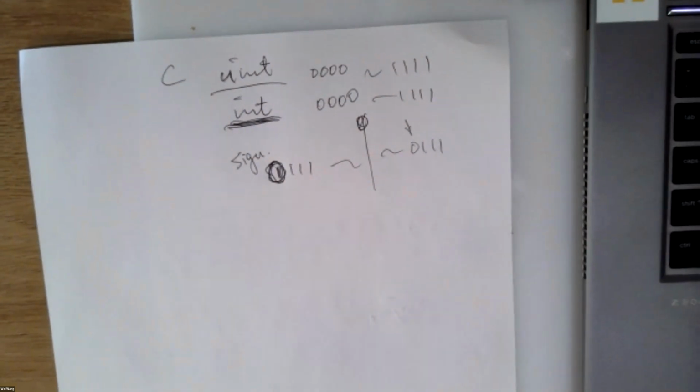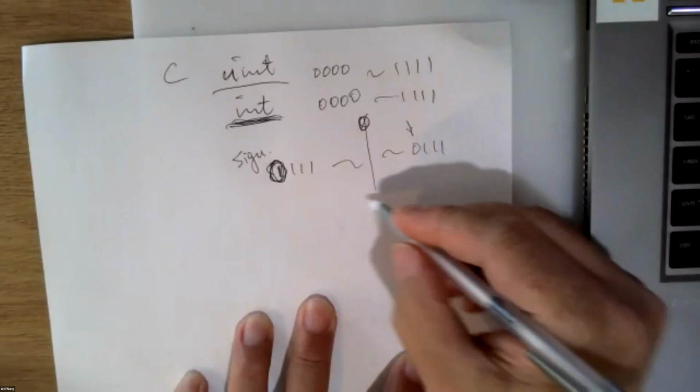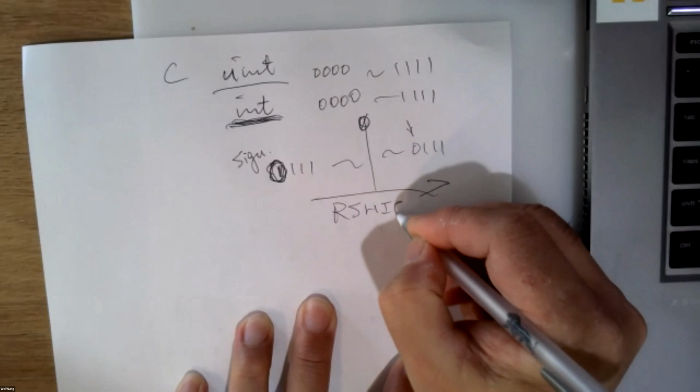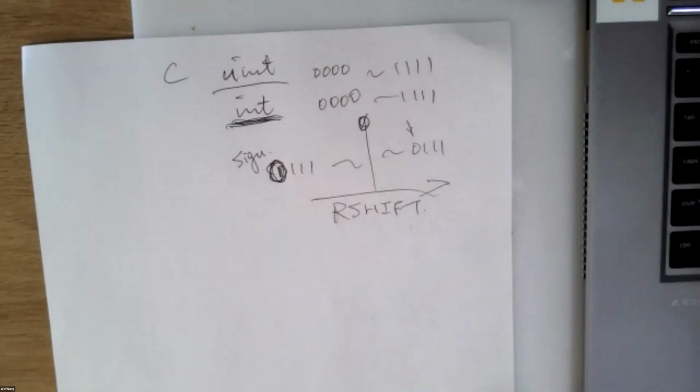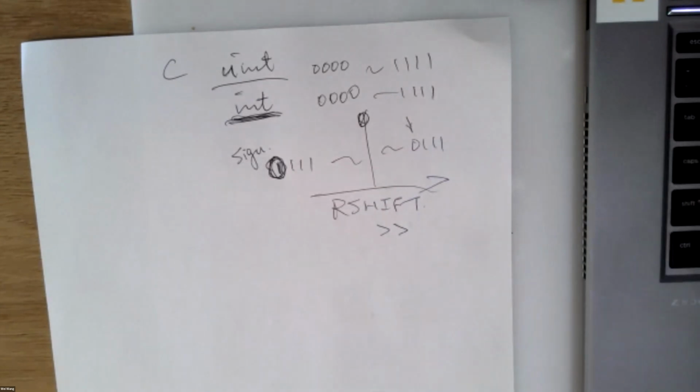But if you do left shift, right shift in the signed integer case, when you do this right shift, in the C language operator it would be this.